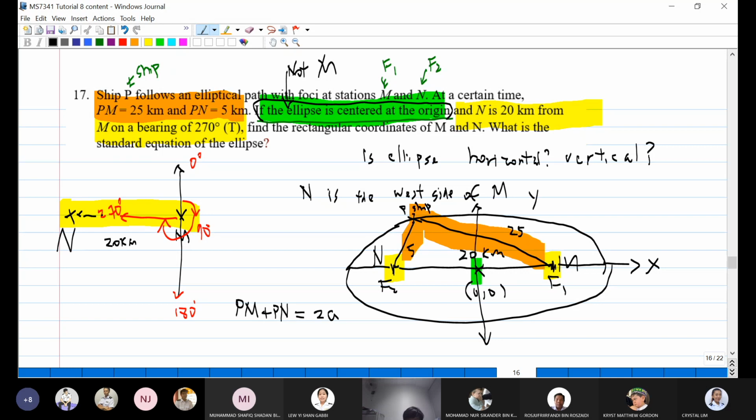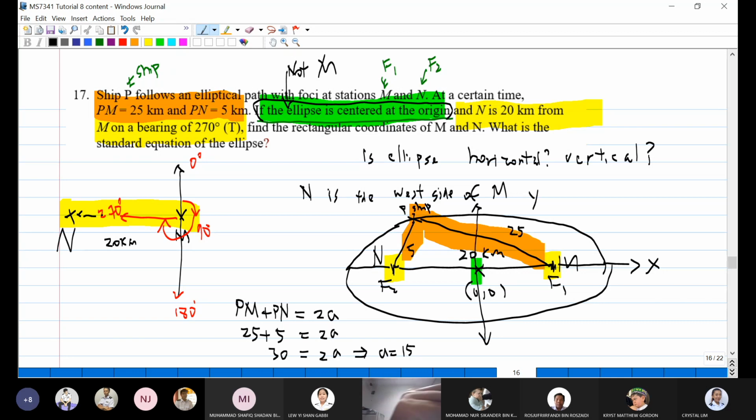So what is PM now? PM is 25. PN is 5. This is 2A. So 30 is equal to 2A, so what is A now? A is equal to 15 straight away. So what does it mean?